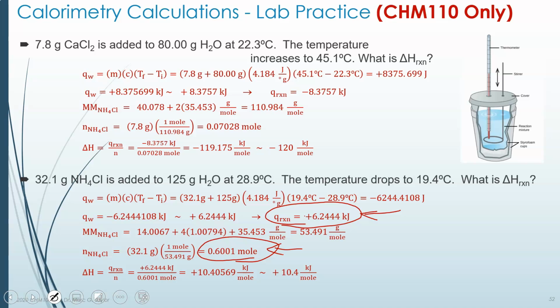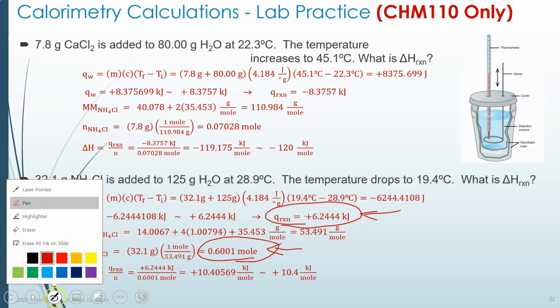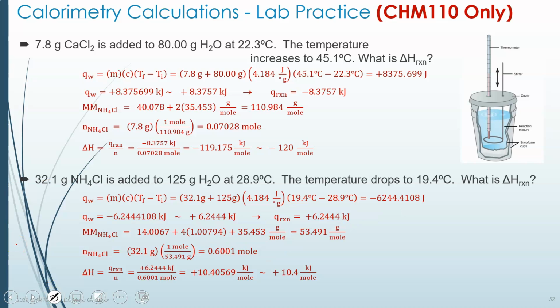We round it to 3 significant digits. If you look at the original problem, all of the numbers have 3 significant digits, and we end up with a value of plus 10.4 kilojoules per mole, which tells us that every mole of ammonium chloride will result in a change of 10.4 kilojoules of energy. In this case, it is removing that energy from the water. And with this, we will stop here.